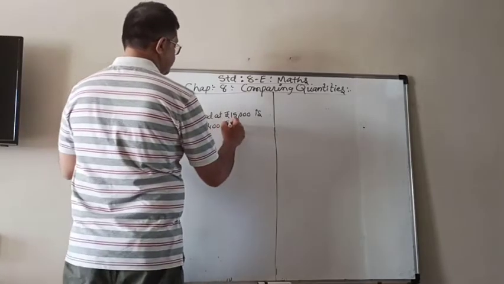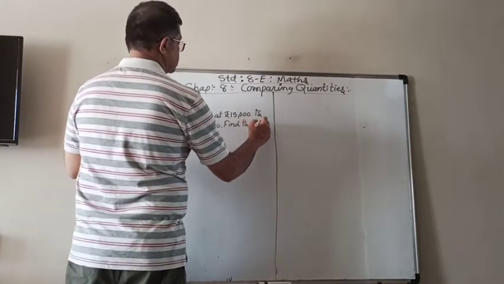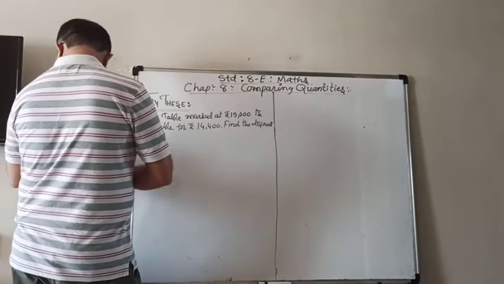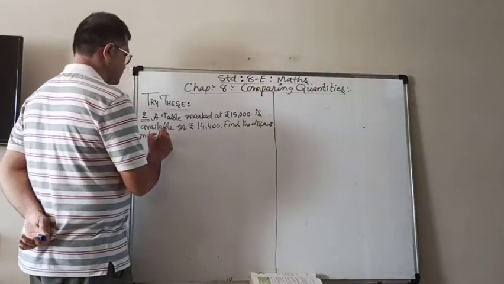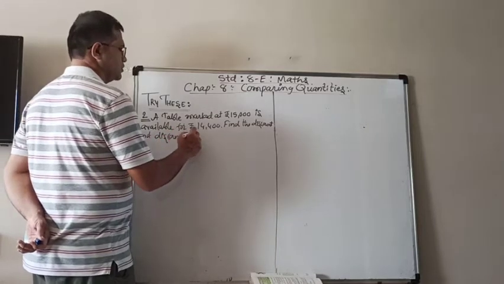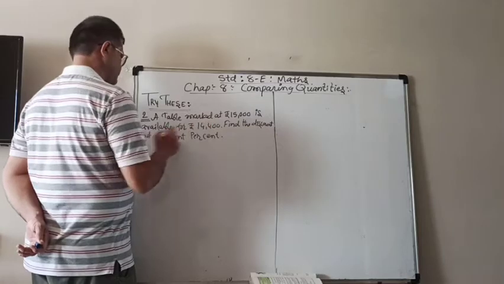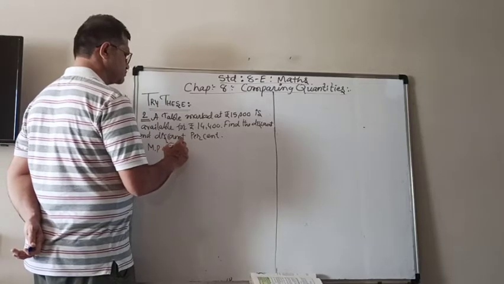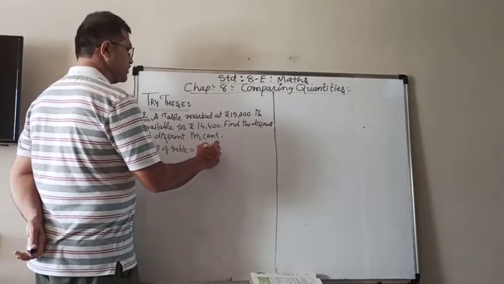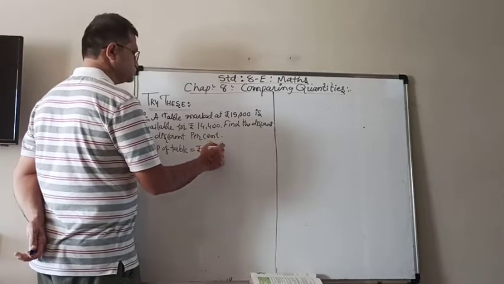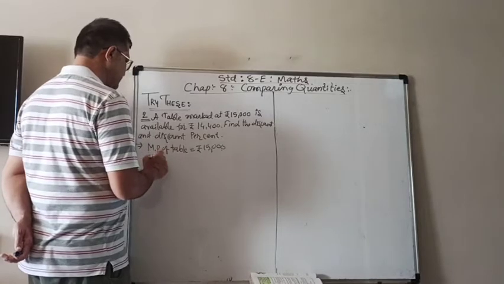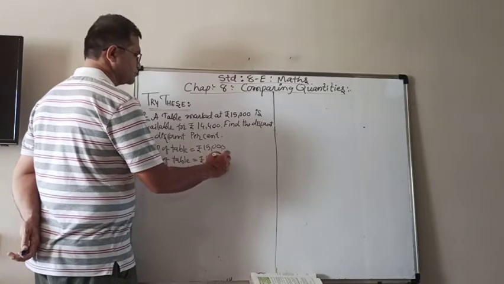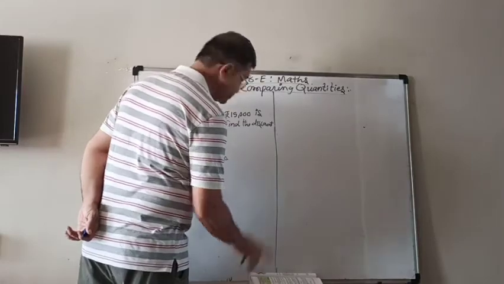Find the discount and discount percent. So here the marked price of the table is rupees 15,000 and the sale price is rupees 14,400. Am I right? Yeah, 14,400.